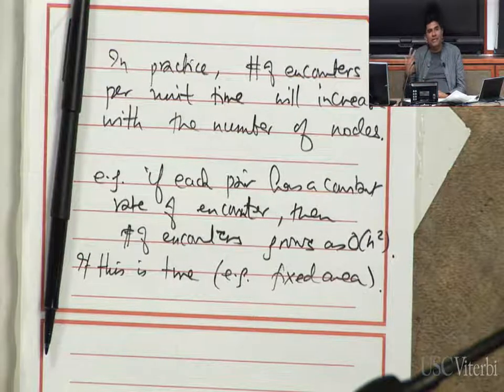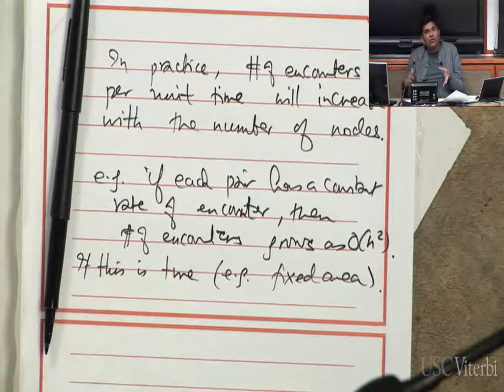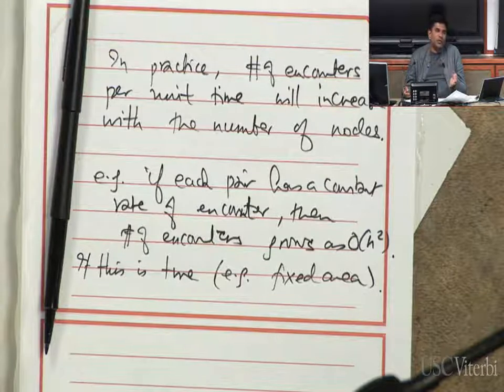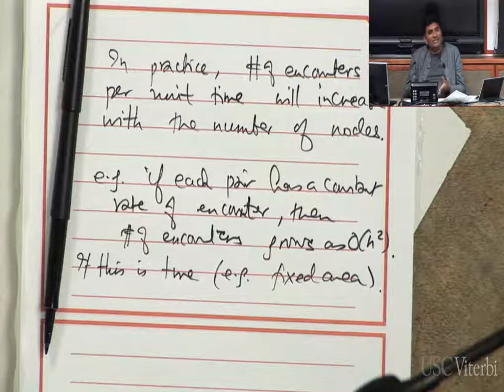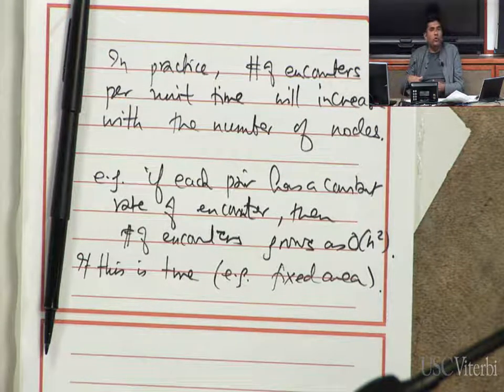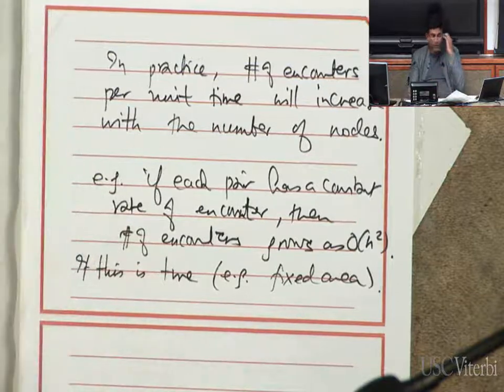As we increase the number of students carrying this app, that's the n in our system, the area over which they are present is not changing. So on average, how long it takes for a pair of them to encounter each other, if you say that that's a constant, then the number of pairs would be growing with the network deployment as n squared, right? And so the number of times that you will see encounters will grow quadratically with the number of users of the app, because the area is fixed to be the USC campus.